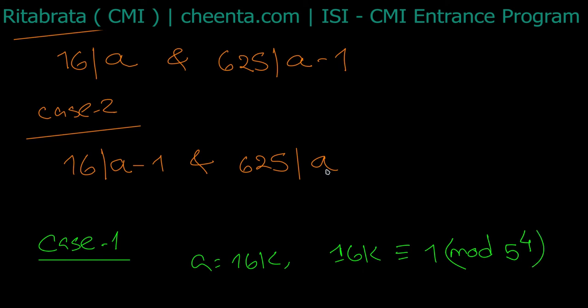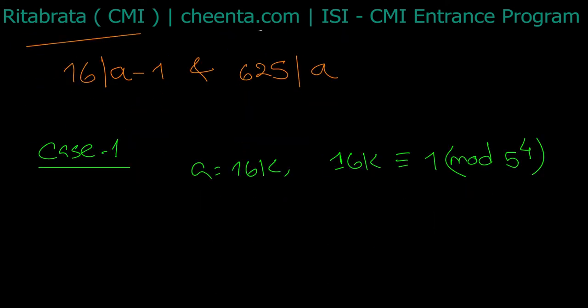Thus it has a solution. It has a unique solution between 1 and 625, and this unique solution is just the inverse of 16 modulo 5 to the power 4.